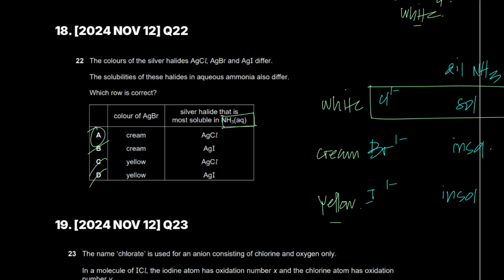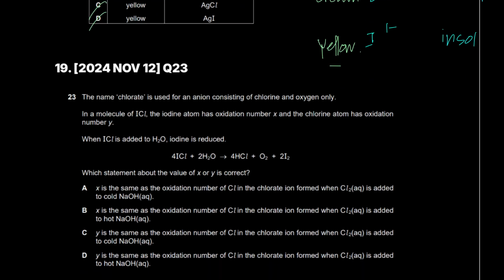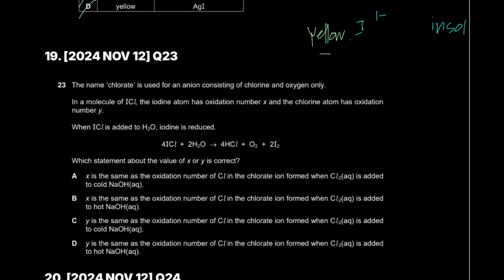Moving forward, question 19 says the name chlorate is used for an ion consisting of chlorine and oxygen only, right? It's like ClO⁻, that's the chlorate ion. It can be ClO₃⁻, and so on. Now it's saying in a molecule of ICl, the iodine atom has oxidation number X and the chlorine atom has oxidation number Y. Now you know chlorine is more electronegative, so Y should be -1 and X should be +1.